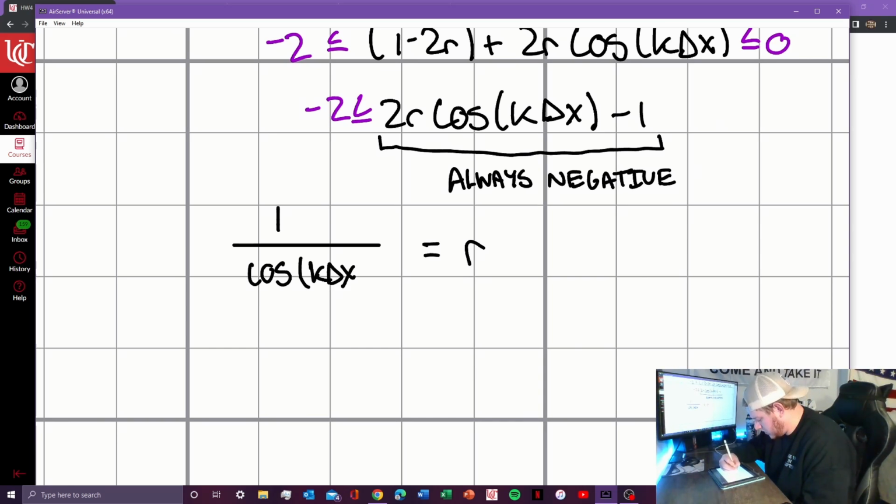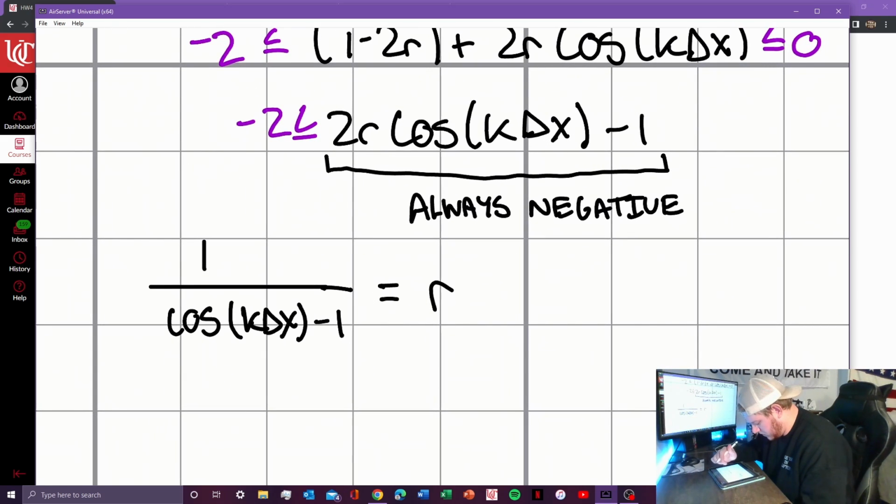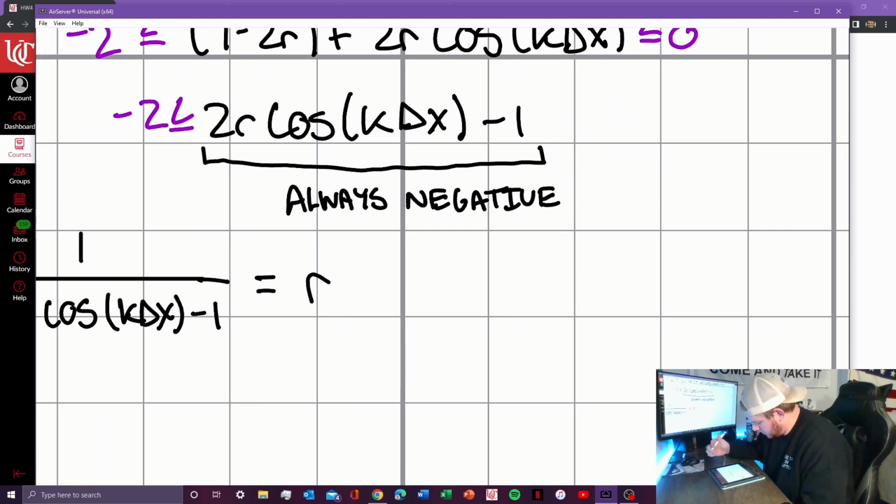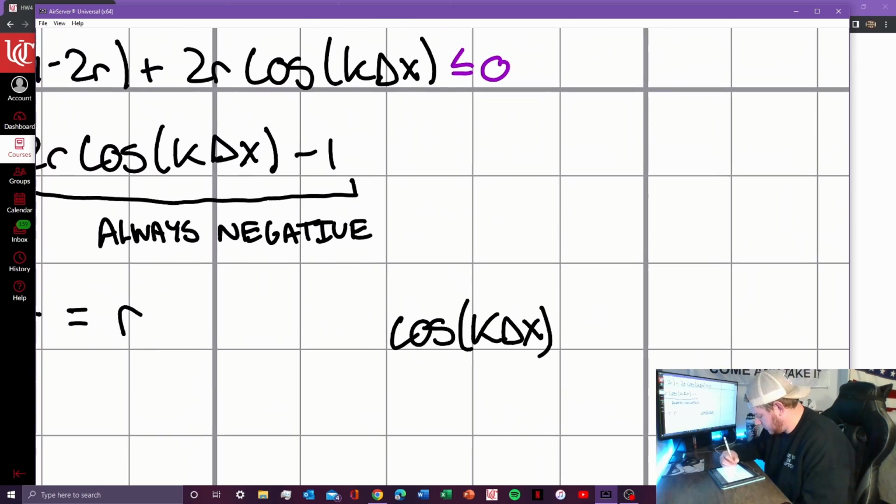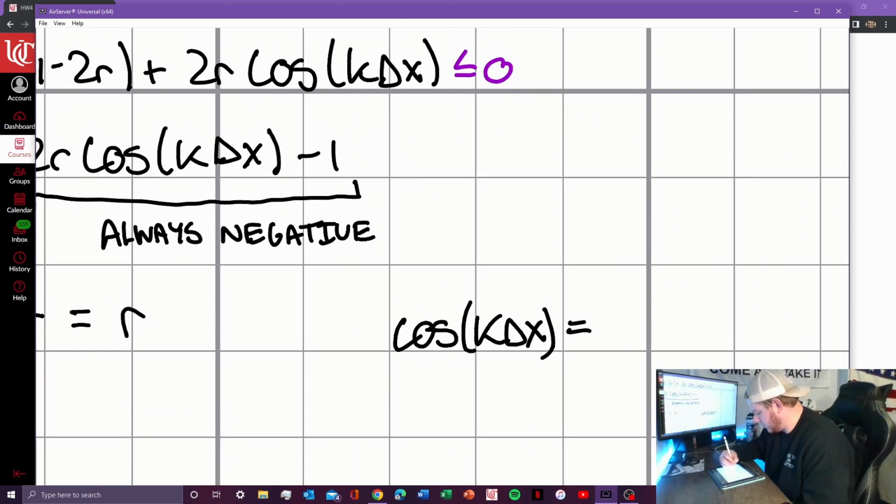K delta x, this is always going to be either the highest values are 1 or negative 1.